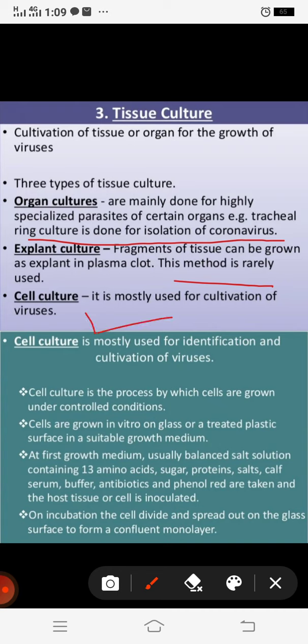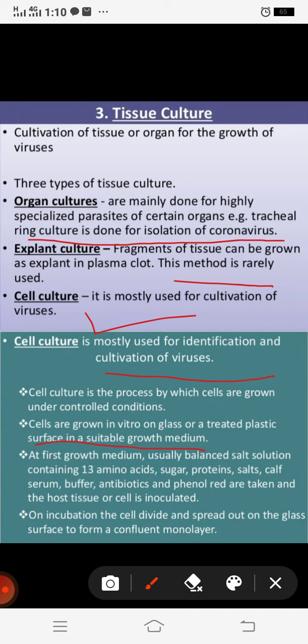Let's see detail about cell culture. Cell culture is mostly used for identification and cultivation of viruses. Cell culture is a process by which cells are grown under controlled conditions. Cells are grown in vitro on glass or a treated plastic surface in a suitable growth medium.